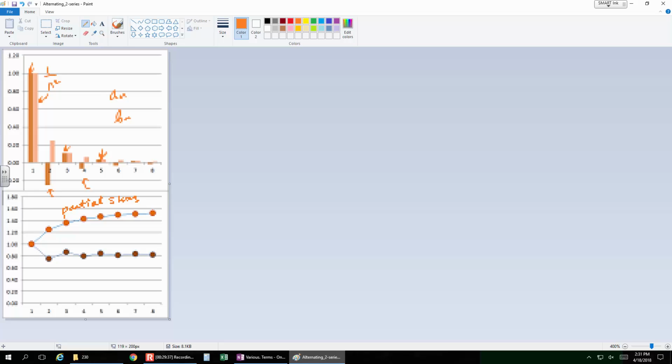Okay, so from this you can already guess that the second series is also convergent. Even though it is not really held down by the top curve, it does seem to be convergent.